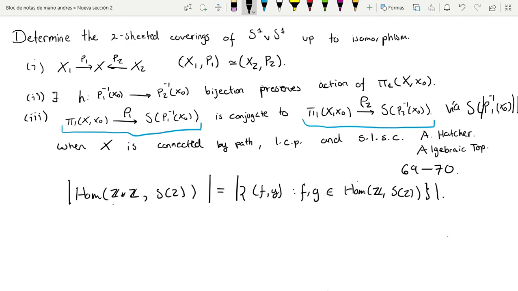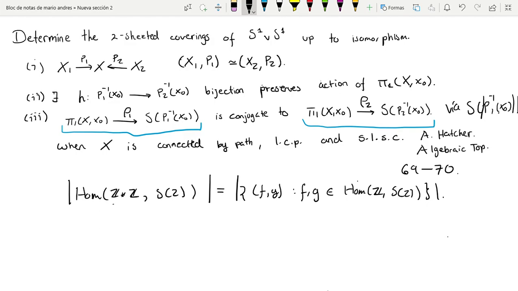Now, since the additive group of integers is generated by one generator, we distinguish between the left factor and the right factor. Let's say this one is generated by this, and this one by this. We only have to determine how the morphisms F and G act on the generator.